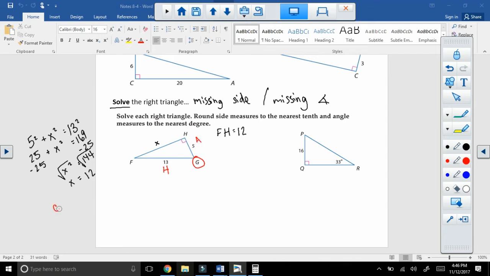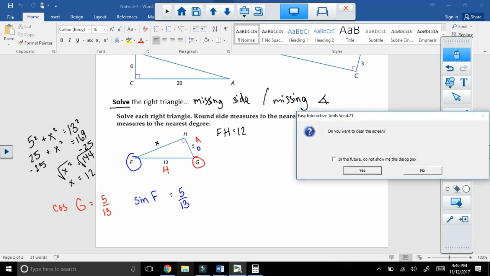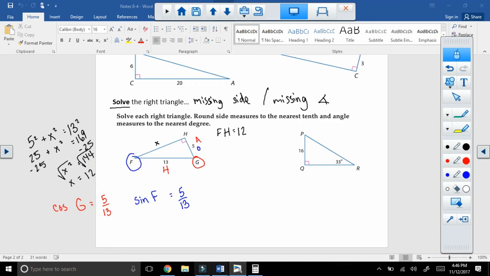So I'm going to write that the cosine of angle G equals 5 over 13. And actually, while we're at it, let's go ahead and set this up for angle F also. For angle F, now the 5 would be opposite. So I could write the sine of F equals 5 over 13. And I'm going to just write those both down so when I go to the calculator, I don't have to keep switching back and forth.